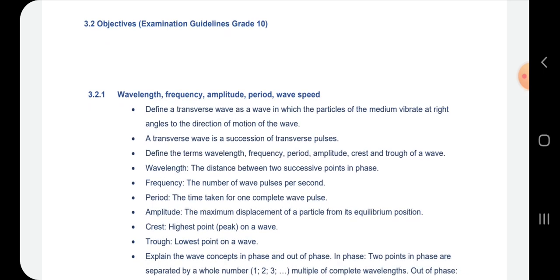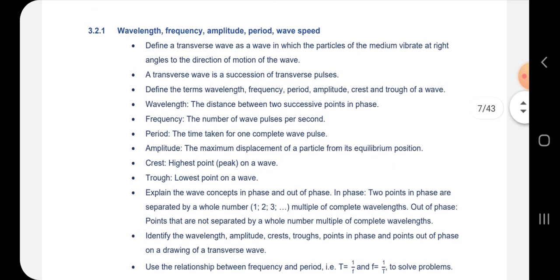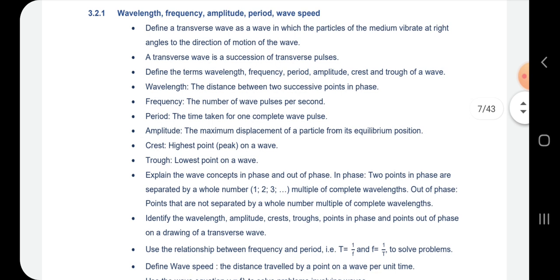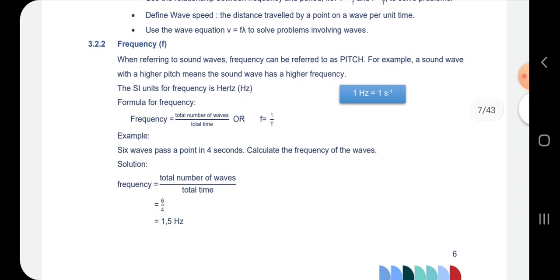Here is the examination guideline objectives for grade 10, and here is everything that you need to know: the crest, the amplitude, the period, if you had forgotten about that. Here we'll just look at a few calculations. When referring to sound waves, frequency can be referred to as pitch. For example, a sound wave with a higher pitch means the sound wave has a higher frequency.